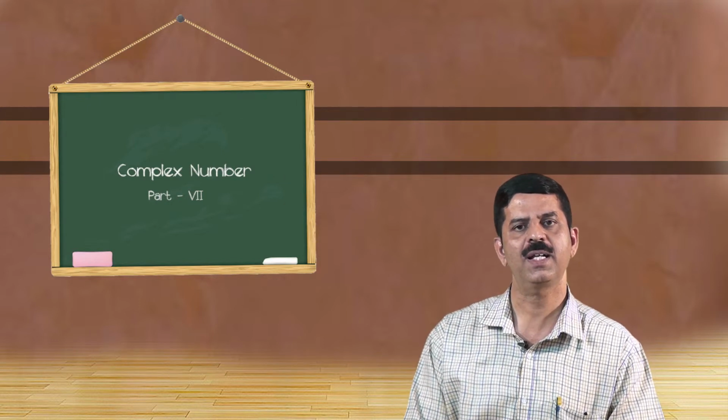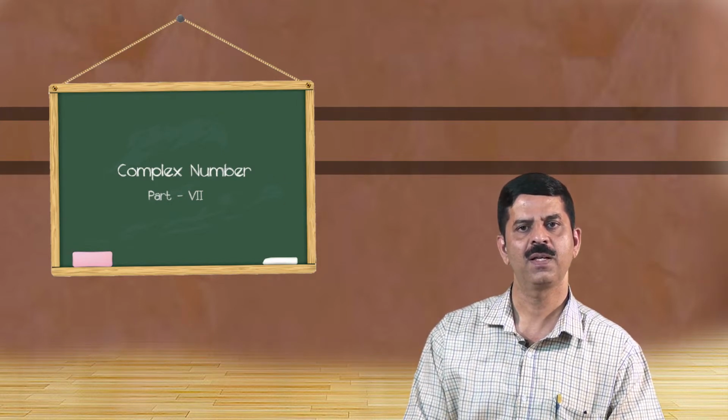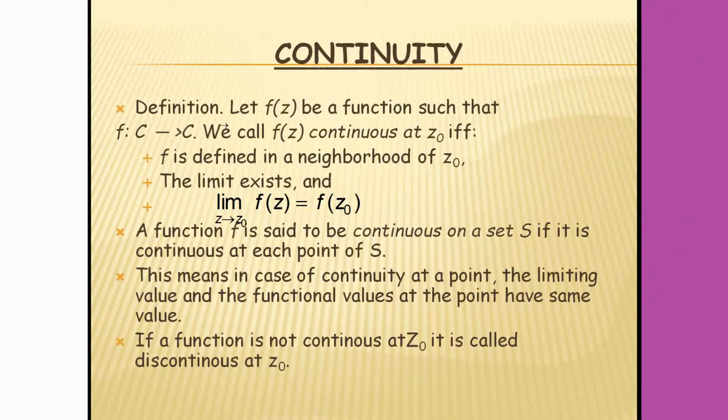In the set of real numbers, as defined in calculus, a function f of x is said to be continuous at a particular point x equal to a if, first, the limit of the function exists, second, the function value exists at that point, and third, the function value f of a is equal to the limit of the function.